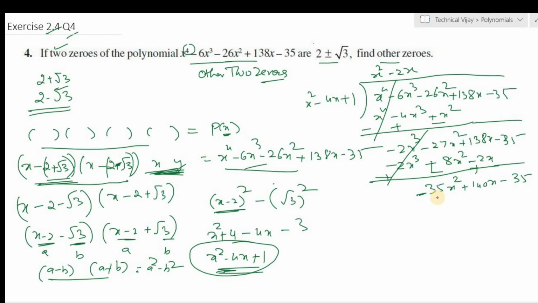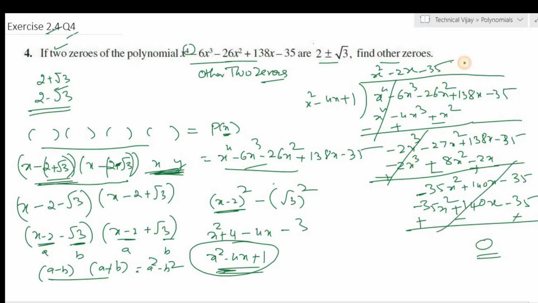So here minus 35 we will write. So minus 35x square. So minus 35 into 4x, minus minus plus, 35 into 4 means 140x. Minus 35, it gets cancelled. Plus minus plus, so the whole thing gets cancelled. The remainder will be equal to 0.